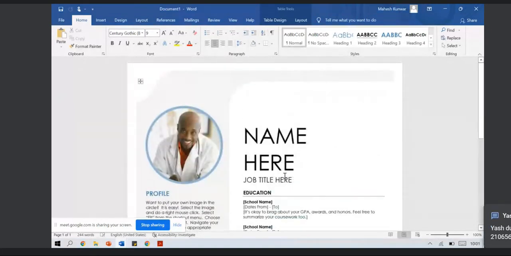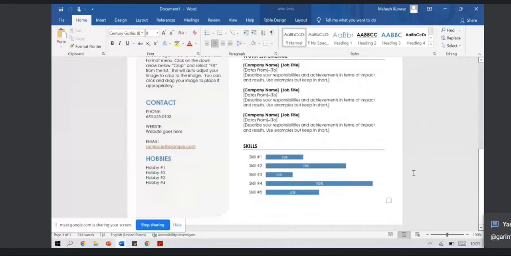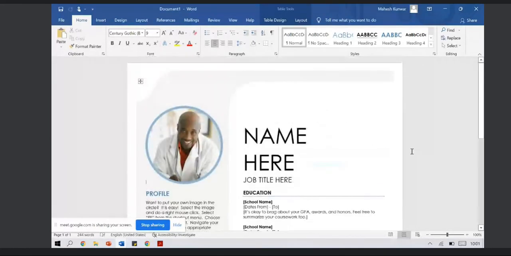This is one of the formats you can use to prepare a resume. While preparing your resume, there is no certain format or model, but the objective of resume writing is to make sure that all your information is provided in one or two pages. It means your resume won't be longer than two pages.